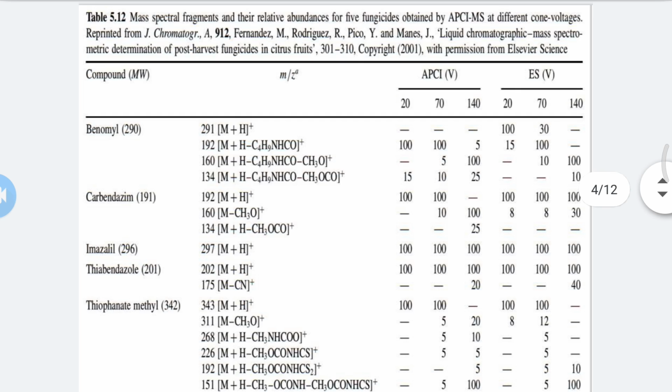In APCI it does not show its molecular ion peak, but in electrospray ionization with 20 volts applied, it gives a 100% base peak. If we increase the temperature, it does not behave like this.